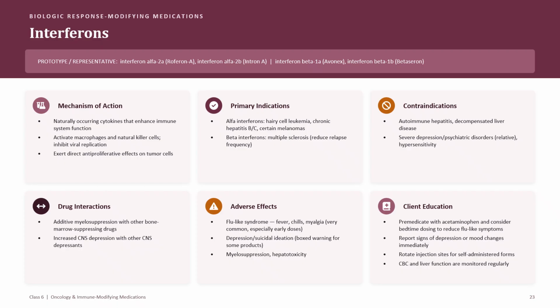So with this medication, we want to pre-medicate with Tylenol or with acetaminophen, and it's often dosed at bedtime to sort of help with some of the symptoms that it is going to produce. And then we make sure to tell them ahead of time that this is going to happen so that they don't think the medication isn't working and so that they remember to pre-medicate with the acetaminophen.